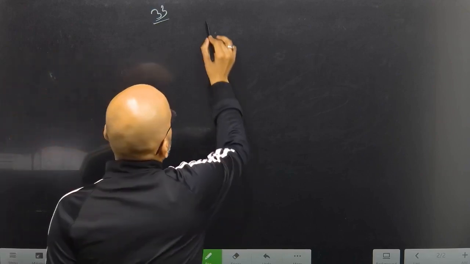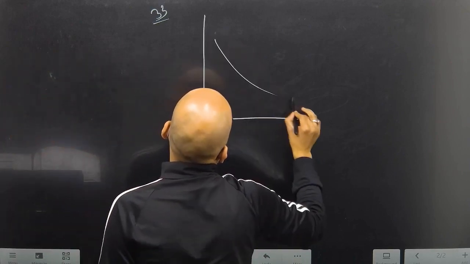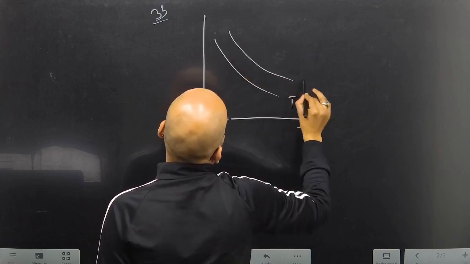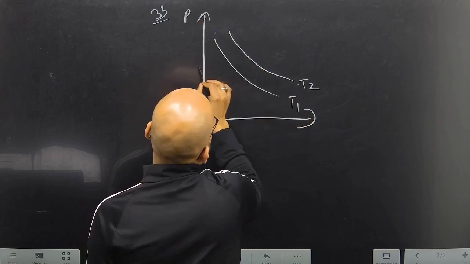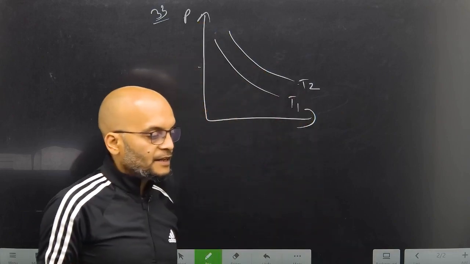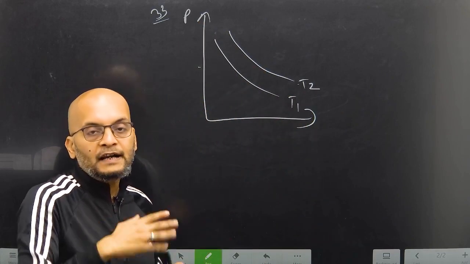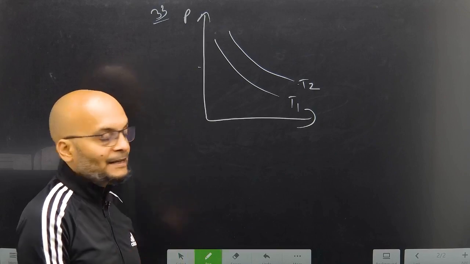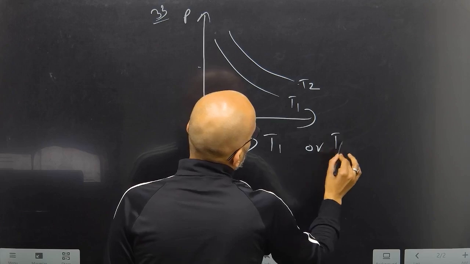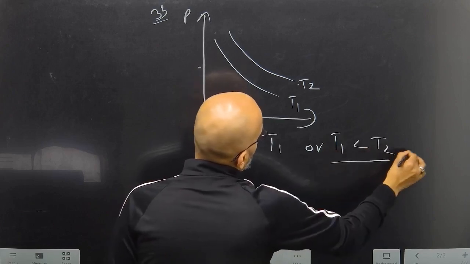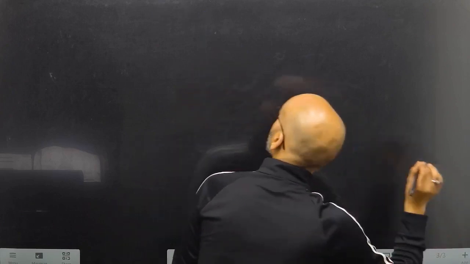Obviously, see, this is T1, T2, this is pressure. Obviously T2 corresponds to pressure. Yes or no? Corresponds to PV. So higher is the curve, that means higher temperature. So T2 is greater than T1. Or you can say T1 is less than T2. That means your option C is correct.